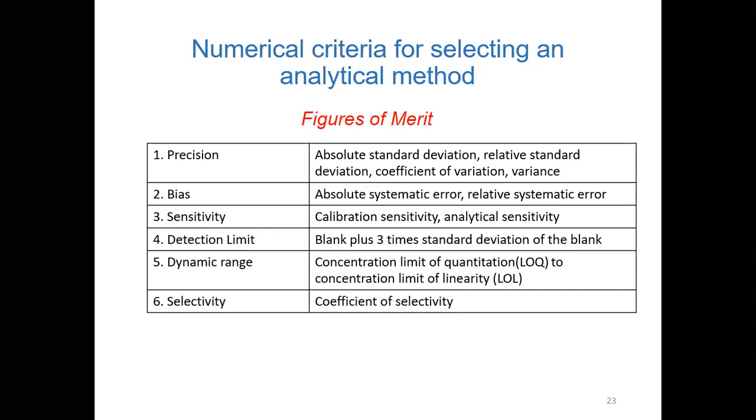What is the minimum limit that we can detect using the instrument, right? So dynamic range as well as selectivity. So these 6. Now let's move forward and discuss these 6 figures of merit.